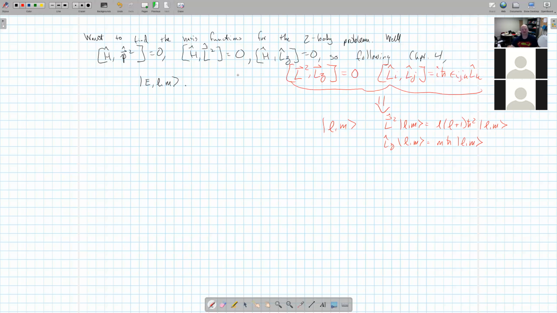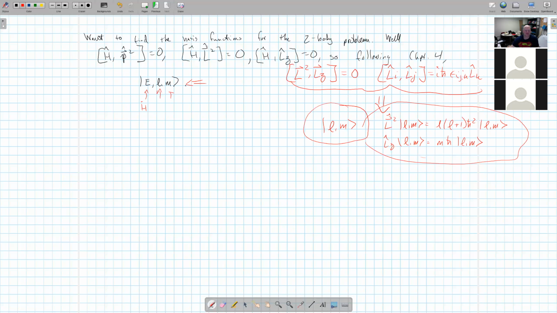So basically, we want to do the same thing here. But now, since the Hamiltonian also commutes with all of this, we're going to take that same |l m>, which has the same properties, but add one more piece to it, which is the energy. So our total basis function for the two-body problem is going to be labeled by the energy, the angular momentum, and the z portion of the angular momentum.